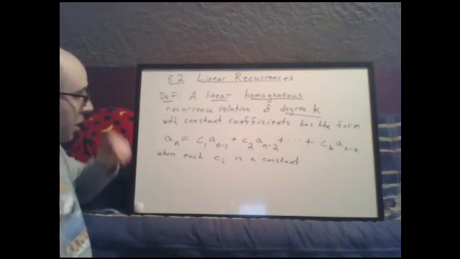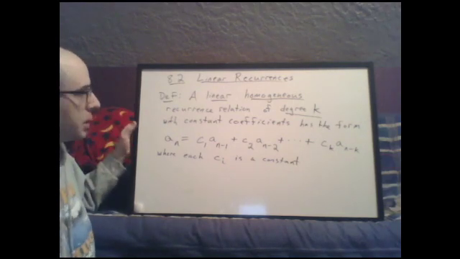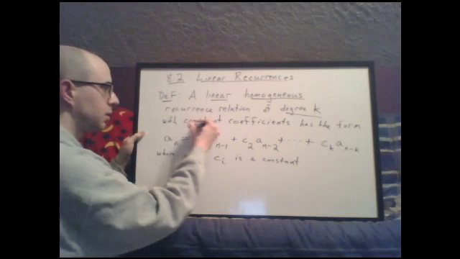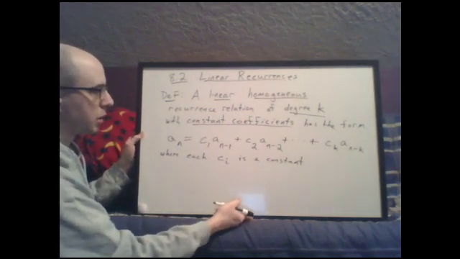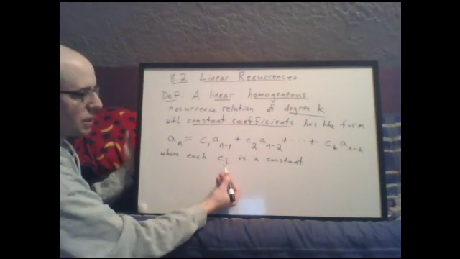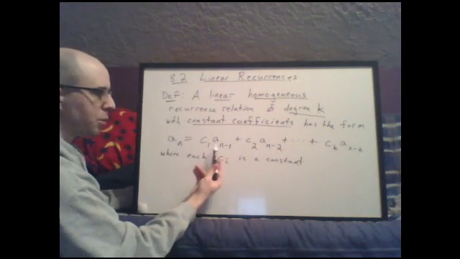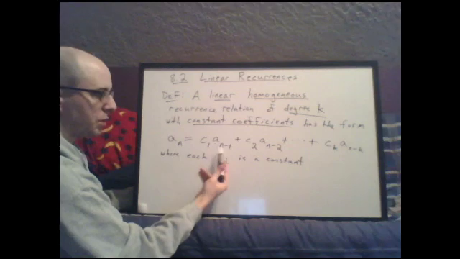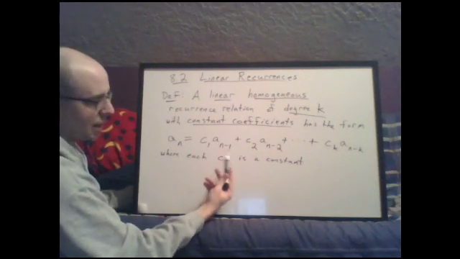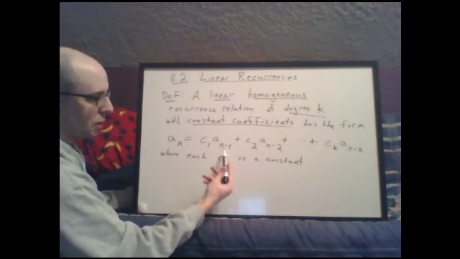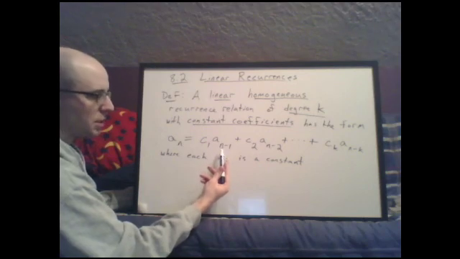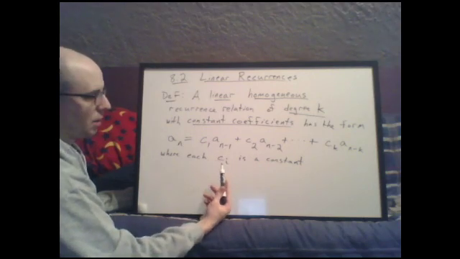So let's talk about the different pieces of our definition. The constant coefficients, that's the c's. The c sub i's are constants. So those are the things being multiplied by each of these previous terms. We have these a sub n minus somethings. These are earlier terms in the sequence a sub n.